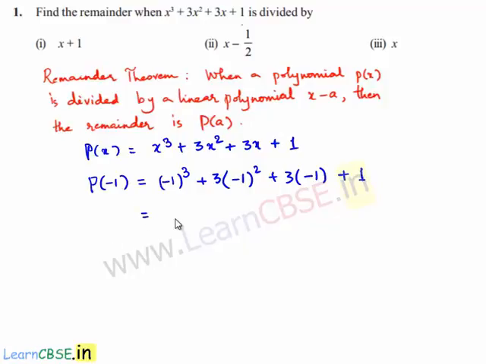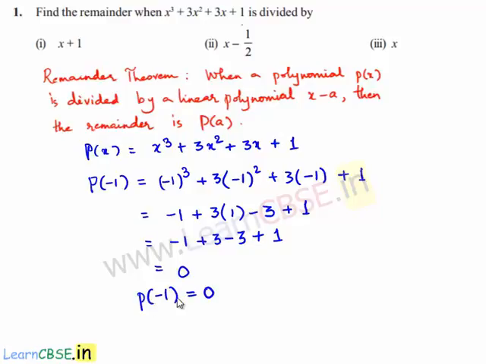Minus 1 whole cube is minus 1, plus 3 times of minus 1 whole square is 1, plus 3 times of minus 1 is minus 3, plus 1, and this becomes minus 1 plus 3 minus 3 plus 1, which in turn becomes 0. Therefore, p of minus 1 is equal to 0. By the remainder theorem, p of minus 1 is the remainder, that is, the remainder of the given polynomial is 0.